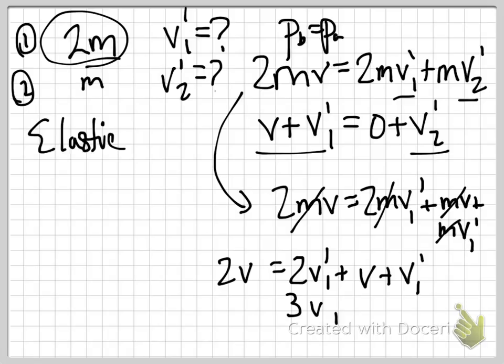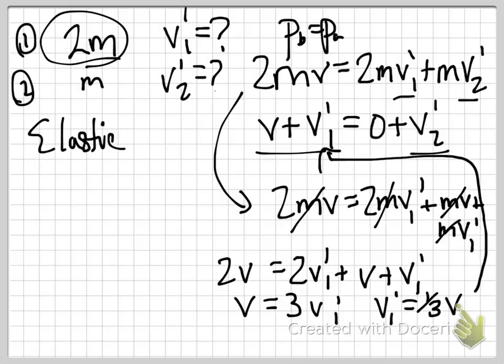So you get 3v1 prime equals v. Or v1 prime equals 1/3 of v. Take that and go back up here, and you get that v2 prime equals 4/3 v, which is your answer to the third question for part C.